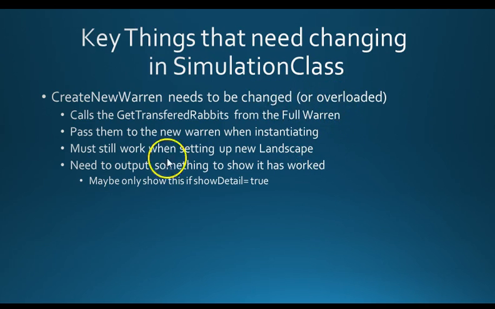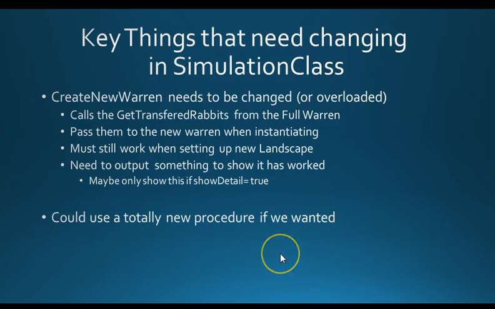I guess we could create a completely new method. And we ought to have some output, otherwise it's going to be a real pain in the neck to test it. As I say, I could have something called transfer new Warren and call that. That'd be a perfectly sensible thing to do. Either way doesn't really make a difference.